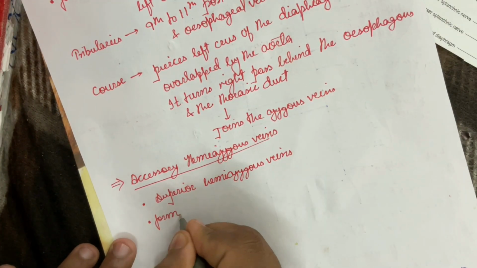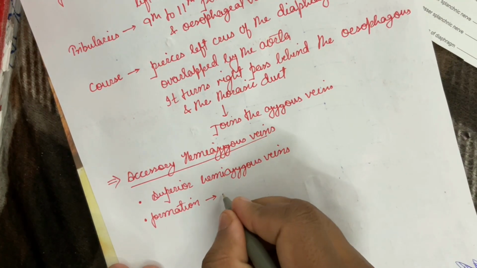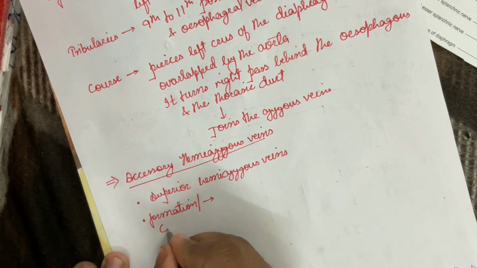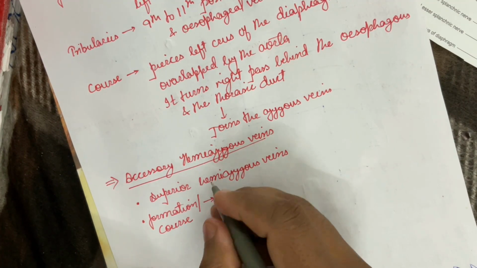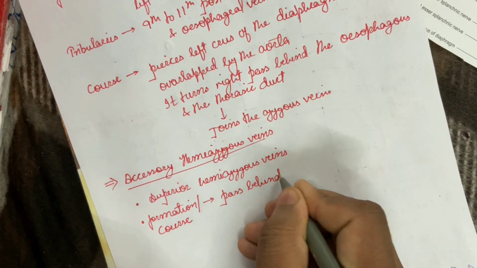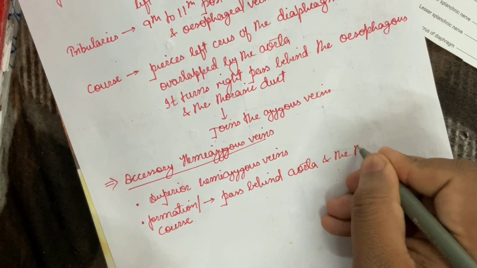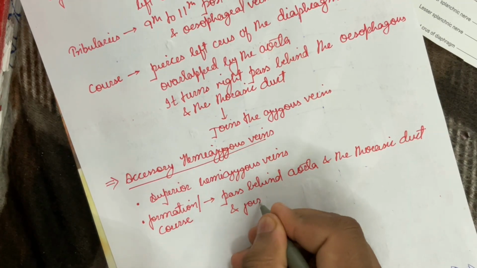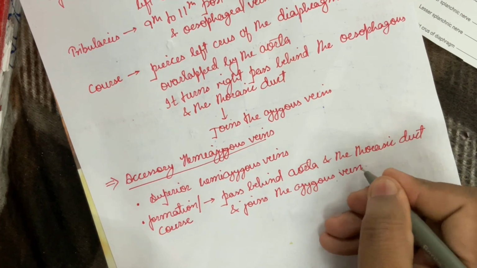Formation and course: passes behind the aorta and the thoracic duct and joins the azygos vein.